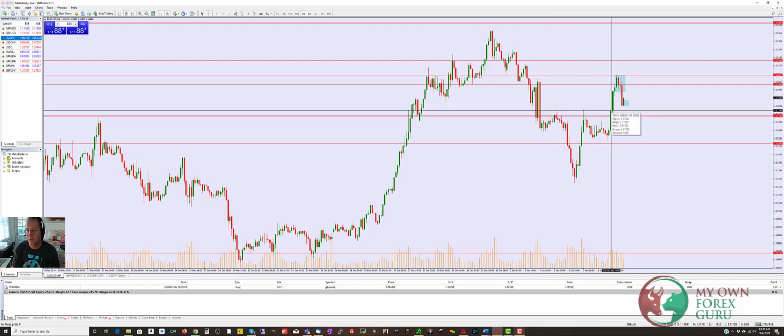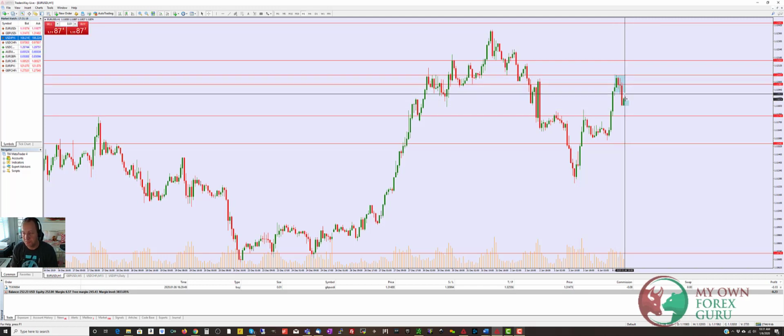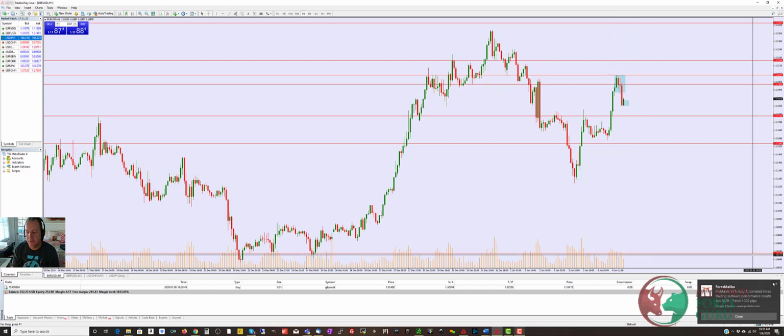So it broke through this resistance pretty hard, came back, tested the now new support, and then came up here and broke through this resistance as well and hit this resistance. What happened is it came back through support, which we kind of expect.